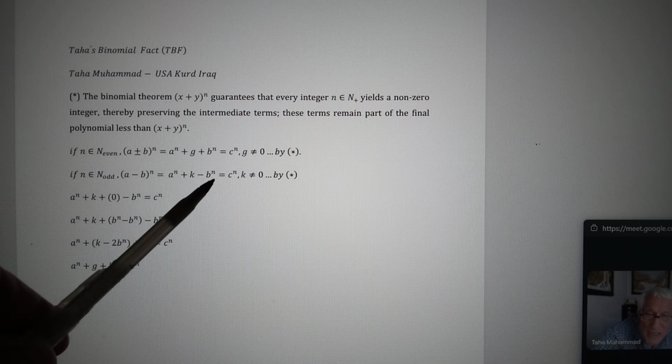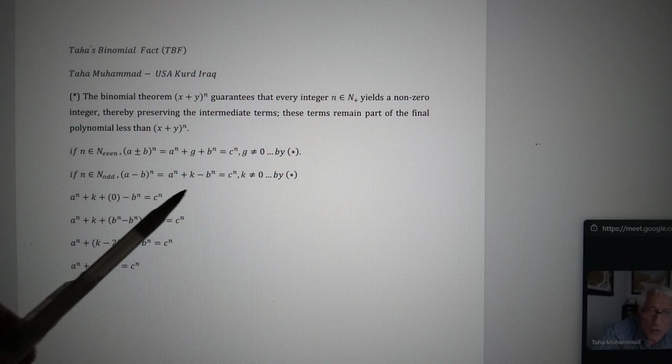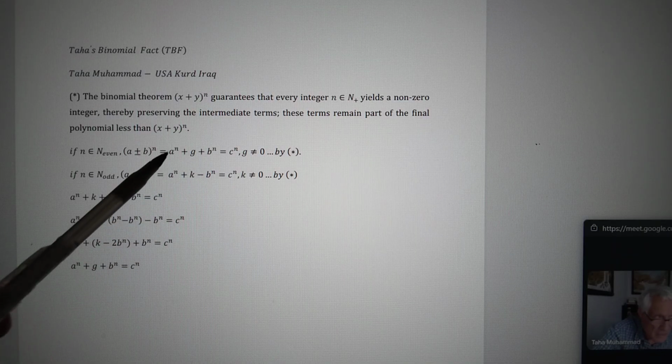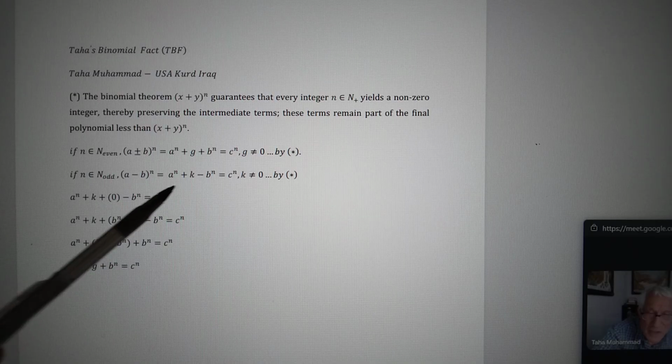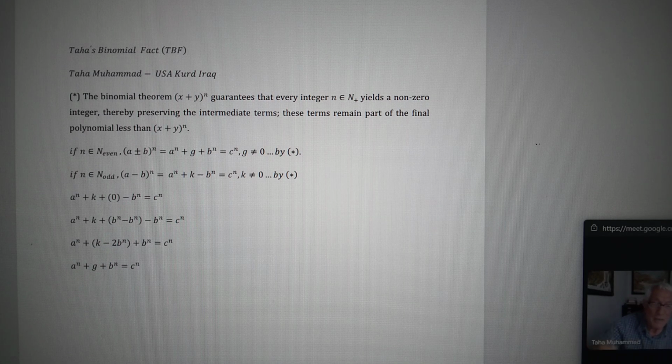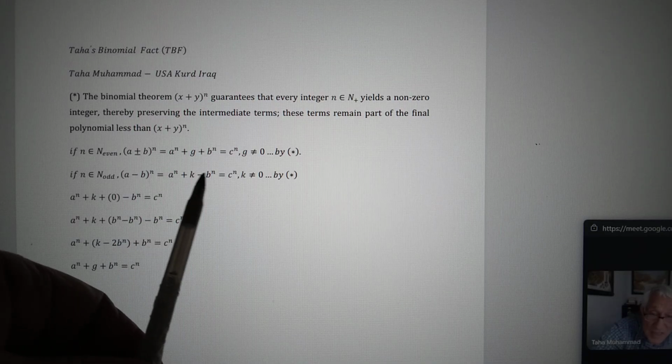That's why even AI, artificial intelligence, told me this is not a polynomial. Your question about Fermat's theorem, don't relate it to the binomial. This is my proof. You are seeing this is negative.